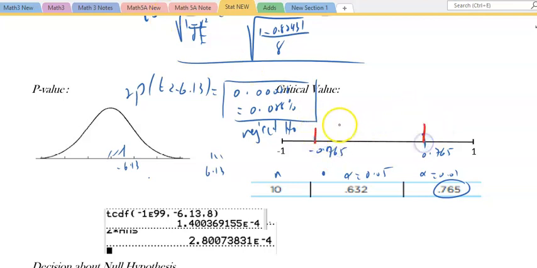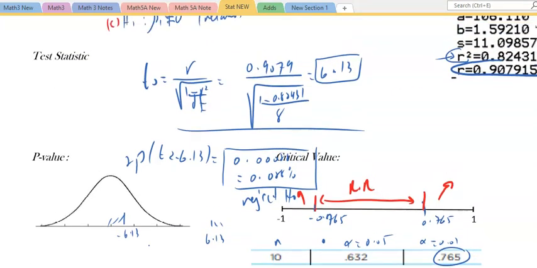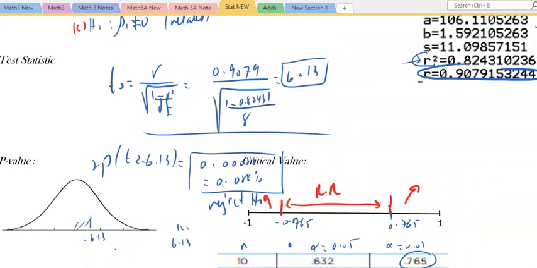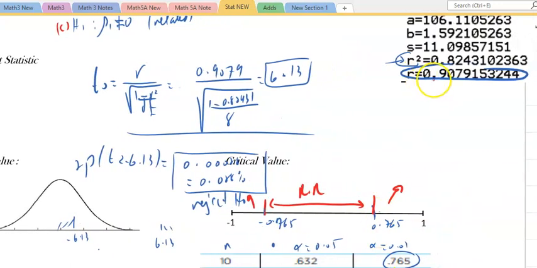Remember, this is backwards. This is the rejection region. This is strong positive correlation. This is strong negative correlation. And if you look at what r is, 0.9.